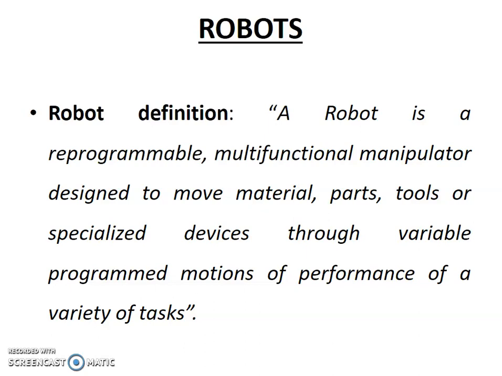They can look like human beings, with hands, legs, eyes, and a head. But the robots we are going to discuss today are different from what you have seen in the movies. These robots are called industrial robots, and they are used for industrial applications.